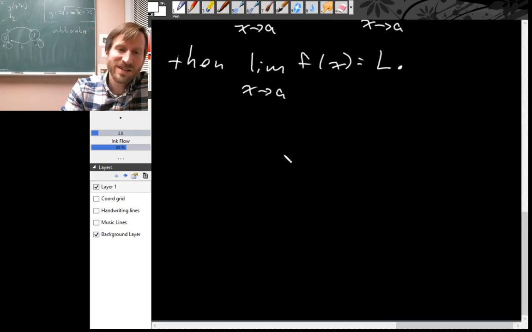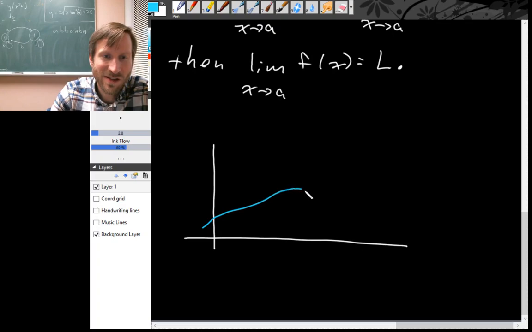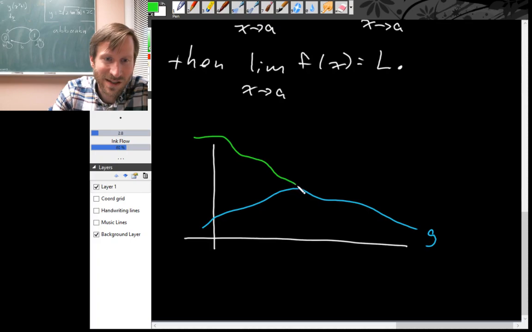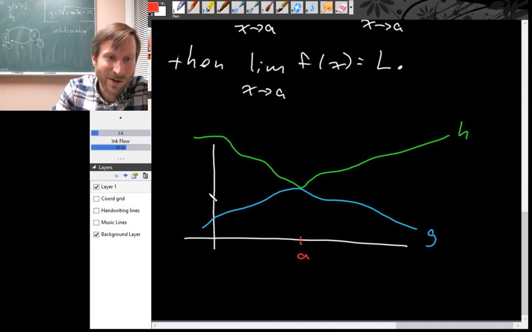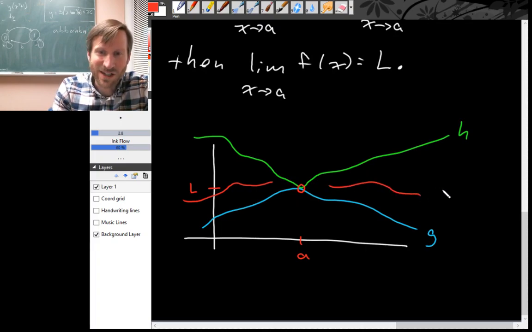There's a nice way to sketch a graph of what this is saying. So we have three functions. Maybe g looks like this. h maybe looks like this. And at the x value a, right here, both g and h are going towards the height L. So f, in this case, is trapped somewhere in between g and h.